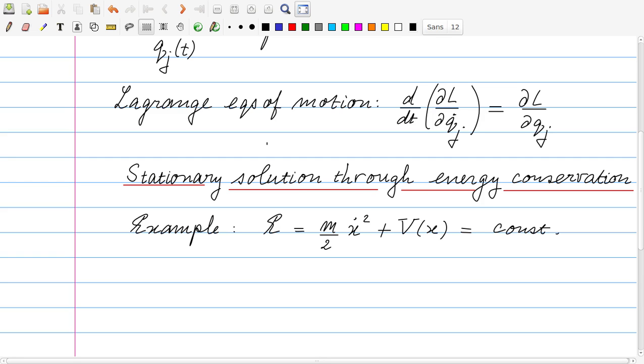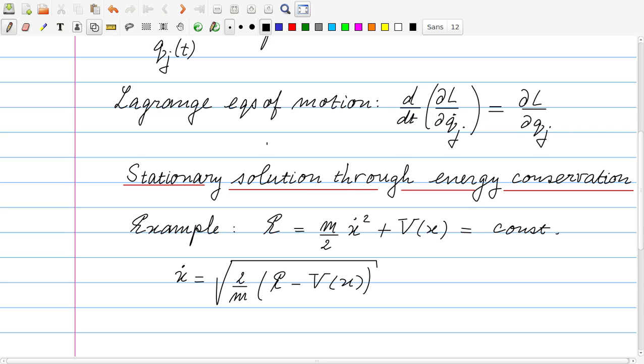As an example of this, we consider a particle in one dimension, a particle with mass m. The coordinate of the particle is x, and because there is no explicit time dependence, the energy of the particle, which is the kinetic plus the potential energy, is constant in time. And that allows us to solve this problem not as a second order differential equation, but as a first order differential equation, because here is already an equation for x dot.